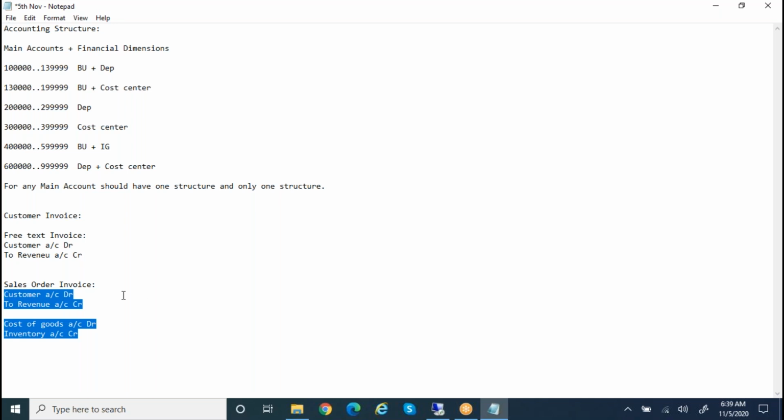What does it mean? Suppose you are selling a mouse and a keyboard. Suppose you are selling the keyboard at the rate of 1000. Then it will be updated as 1000. You are going to receive money, 1000. So revenue is 1000, but the cost of the item is 800 only. So from your inventory, 800 value is going out.